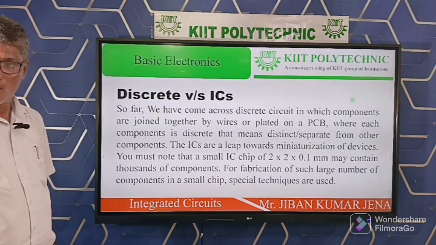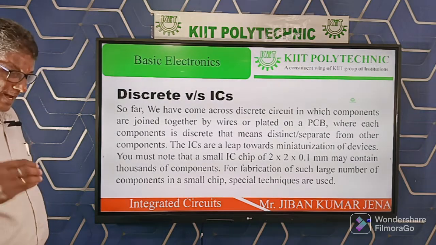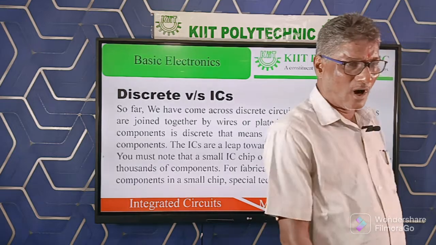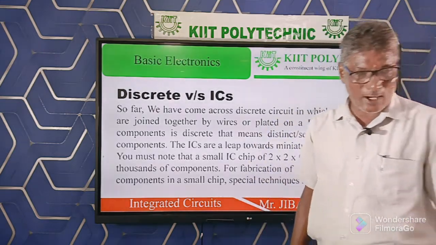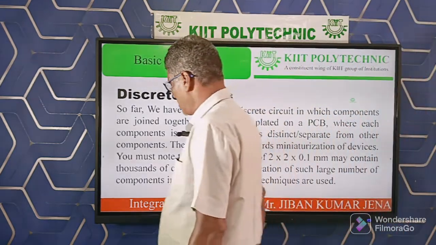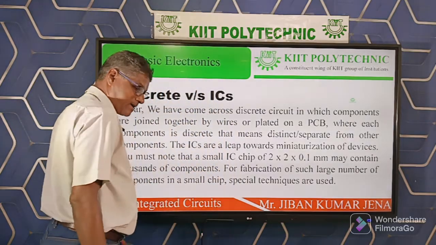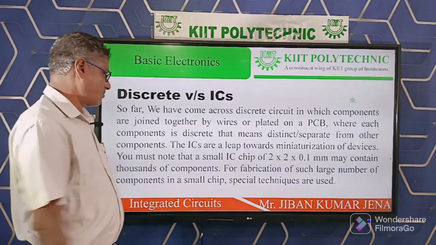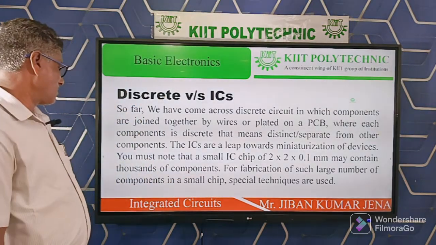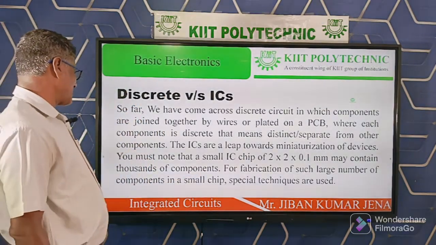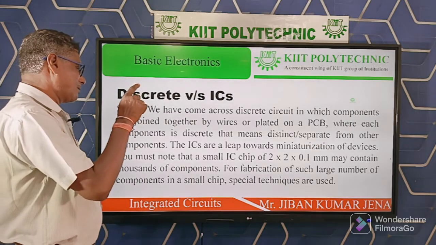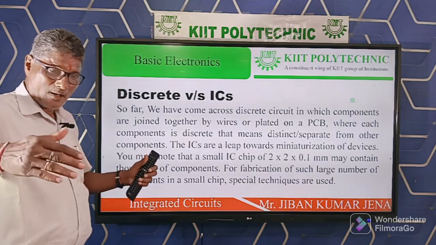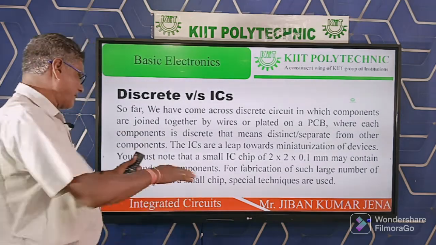The variants of a discrete circuit such as the resistor, capacitor, inductor, transformer, etc. can be installed with the help of a soldering process on the PCB. That is why it is said that the discrete circuit components are separated from each other.